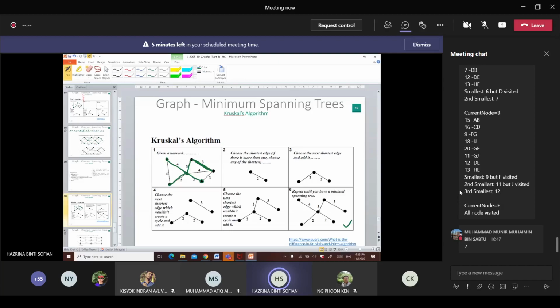Then you can calculate 2 plus 2, which means you get 14. So usually for Kruskal, the cost will be lower.